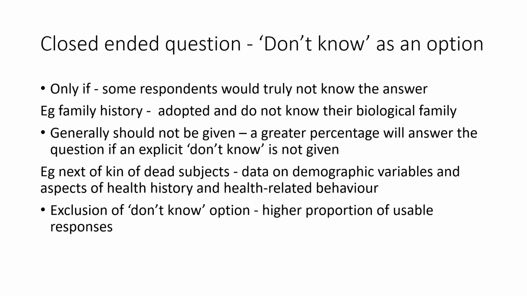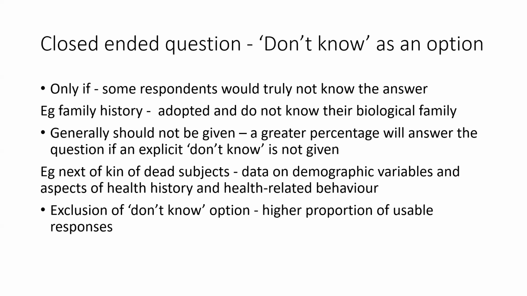Then you must have also seen this option of don't know in a closed-ended question. Now, remember that this should be given as an option only if you truly feel that there will be respondents who would not know the answer. For example, you are asking some family history, but the respondent is not biologically related to the family.